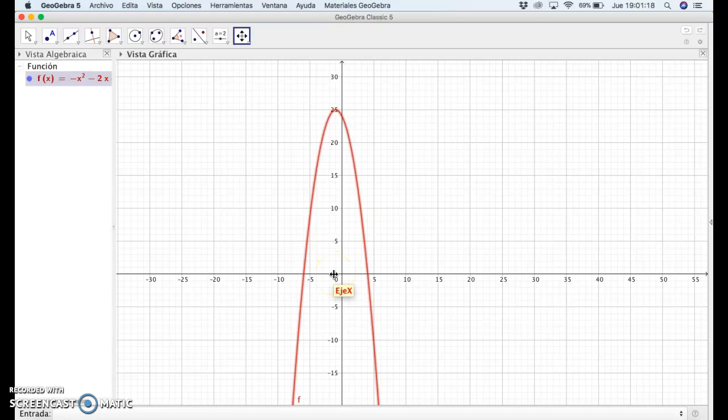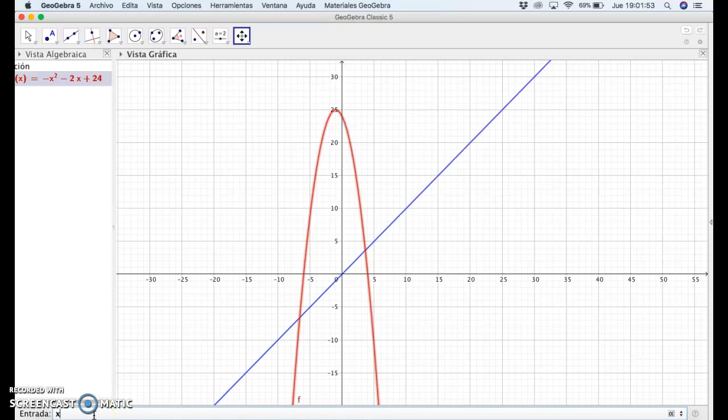Now, using a special formula, we're going to get the vertex. The formula to get the vertex is minus b over 2a. We just need to substitute the values from this function in that formula.